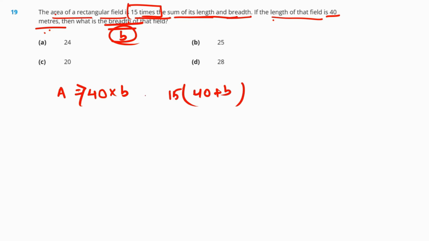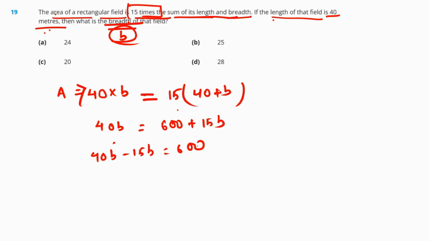So we can equate these two. So 40B is equal to 15 into 40, which is 600, plus 15 into B is 15B. So basically 40B minus 15B is equal to 600, or 600 is equal to 25B. So B is 600 divided by 25, which is 24. Option A, that's the breadth.